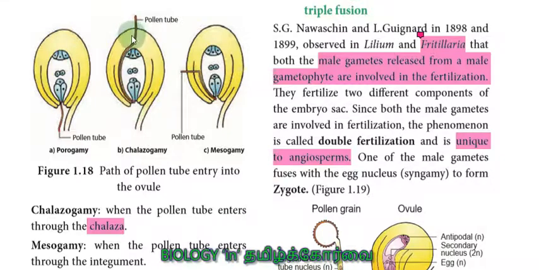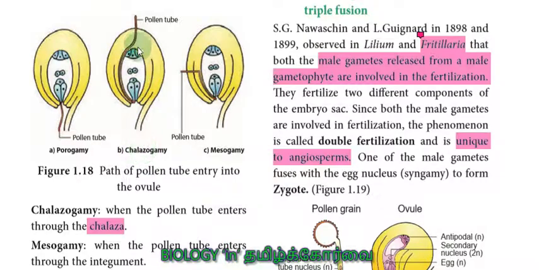The pollen tube enters through the chalaza, grows along the space between the integument and the embryo sac, and finally enters the embryo sac through the micropyle only. That is called chalazogamy.